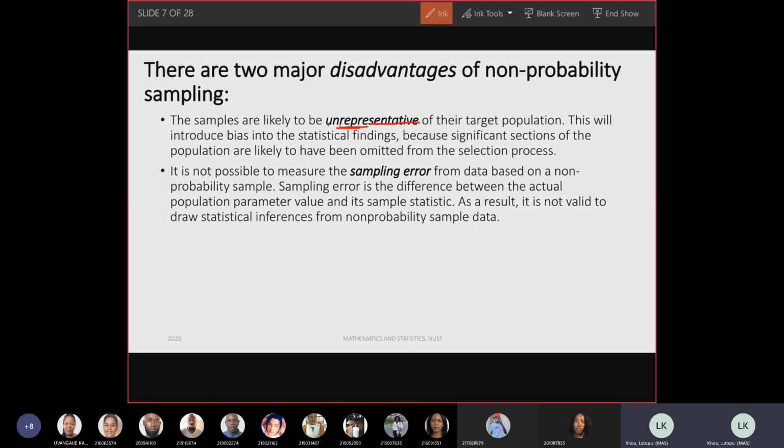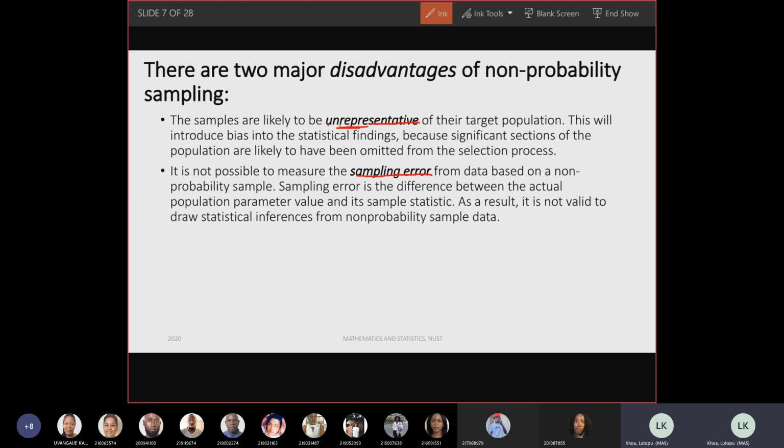Okay, and then others like convenience, because you can only go to the mall to collect data at 1 o'clock. Those people may not represent the mall at that time, or they usually go to the mall at that time. So it is unrepresentative of the target population, and it is not possible to measure the sampling error.